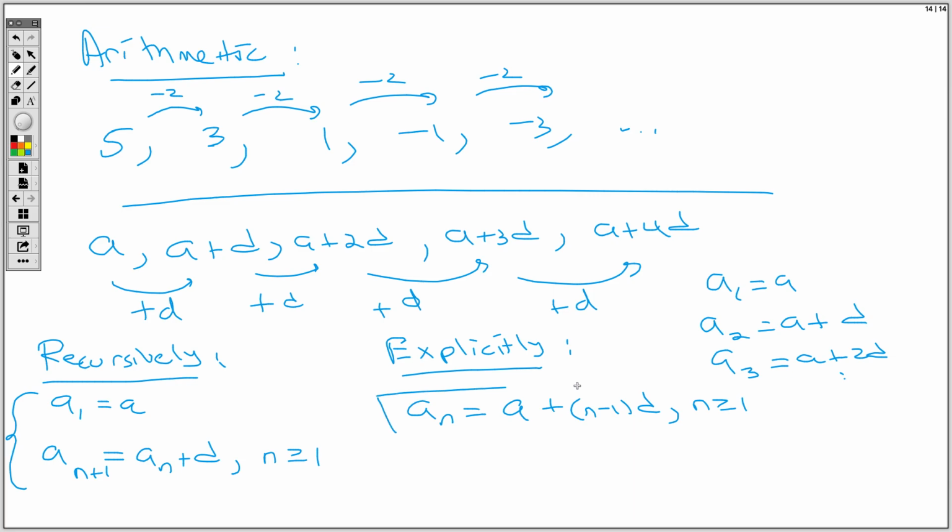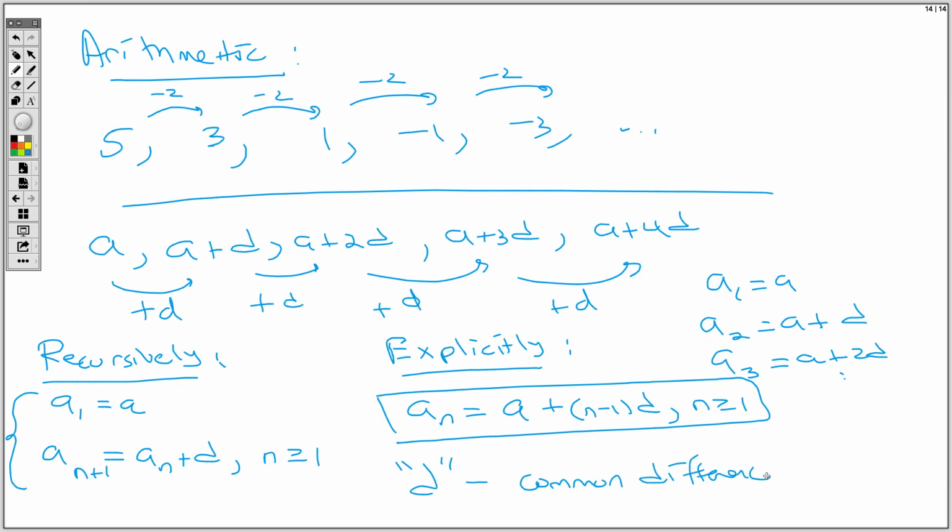So here's the other way to describe the arithmetic sequence. The reason this is called d is that it is called the common difference.